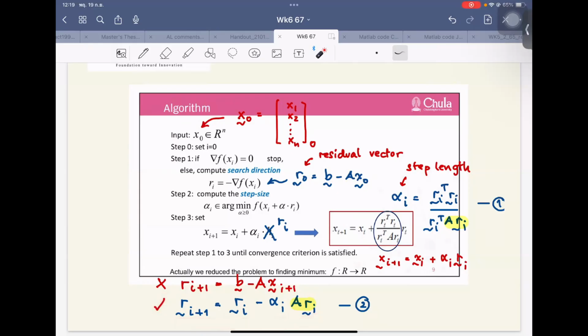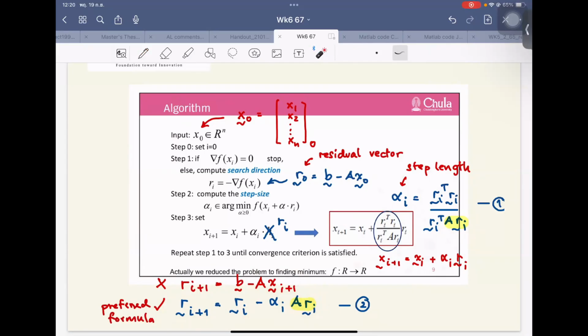This equation is very simple, because the product here was already determined when you calculated the step length before, so you don't have to compute this product again. You avoid the computation. This is the preferred formula.